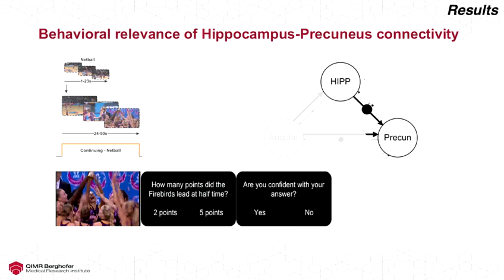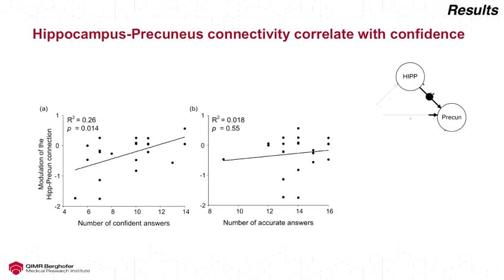Then we correlated this hippocampal to precuneus connection. Quite intriguingly, the connectivity between these two regions is highly correlated with their confidence in their memory, but not so much the accuracy of their memory. This suggests that there is some high-level metacognitive process going on that benefits from this hippocampal to precuneus connection.